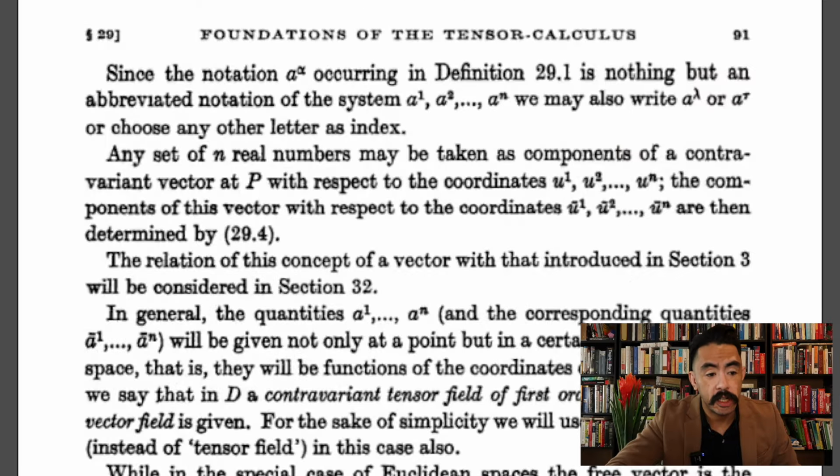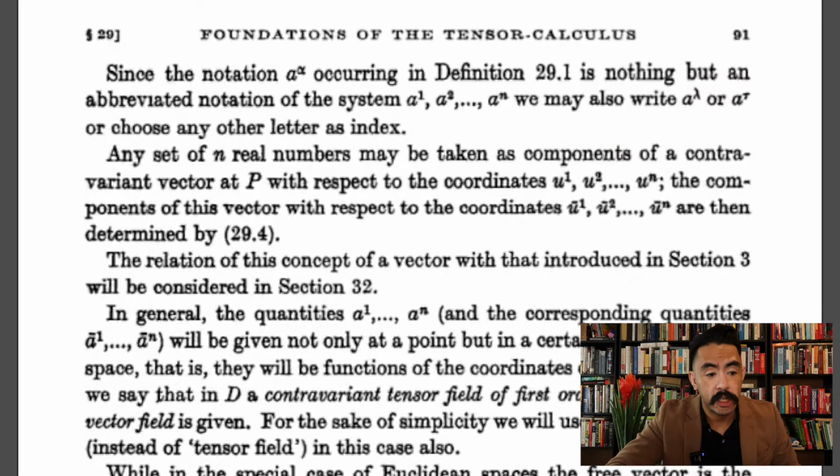Since the notation a^α occurring in the definition for the contravariant tensors is nothing but an abbreviated notation of the system a^1, a^2, etc. through a^n, we may also write a^λ or a^τ or choose any other letter as index.